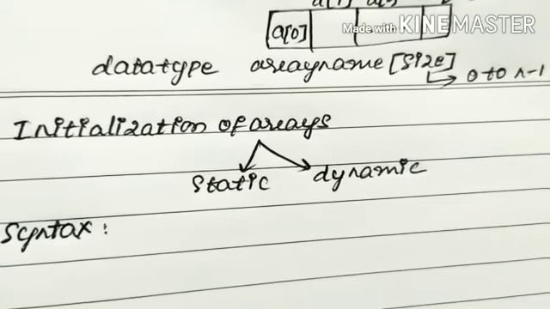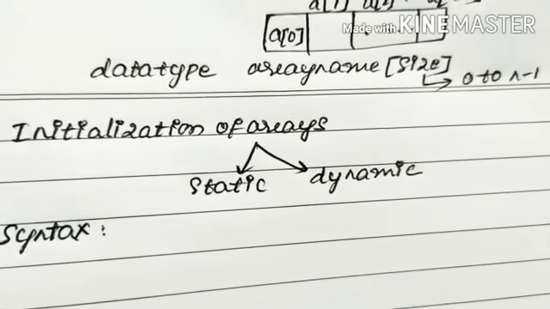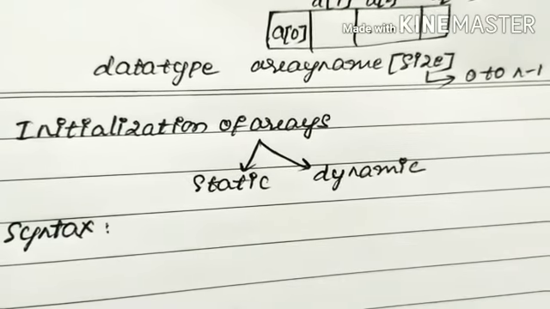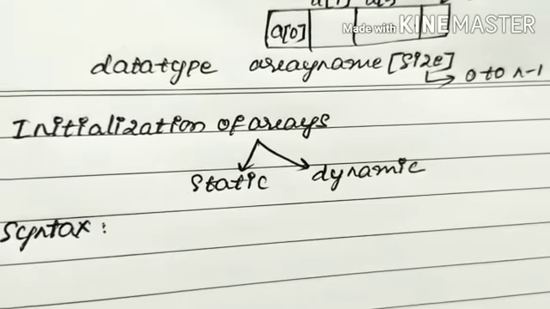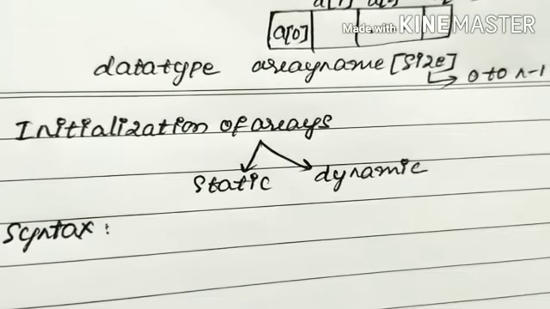The array starts with index a[0] and ends with a[n-1]. Data is allocated in the format a[0], a[1], a[2], and so on, up to a[n-1].